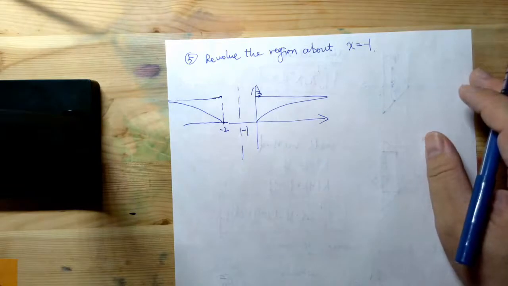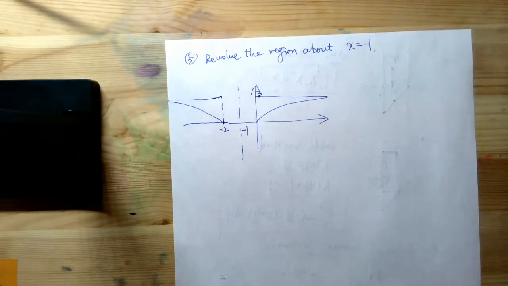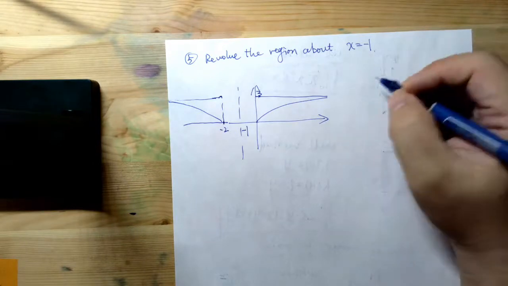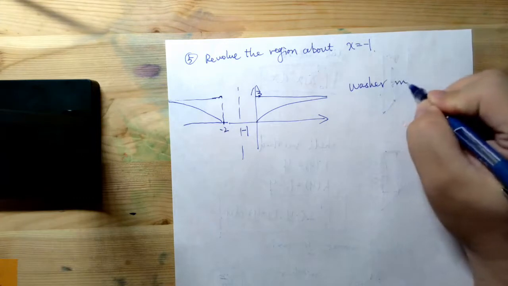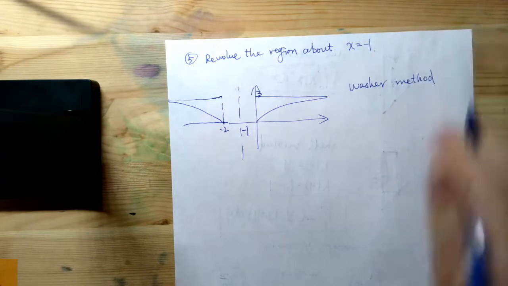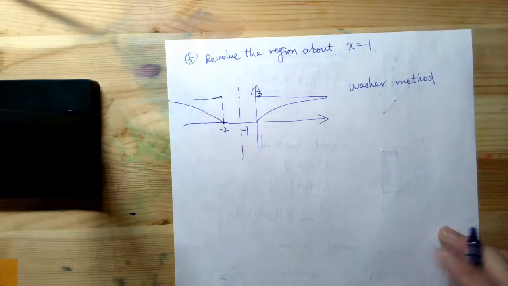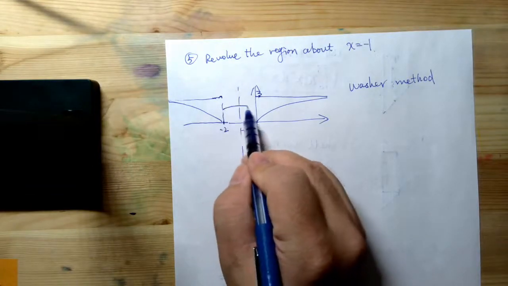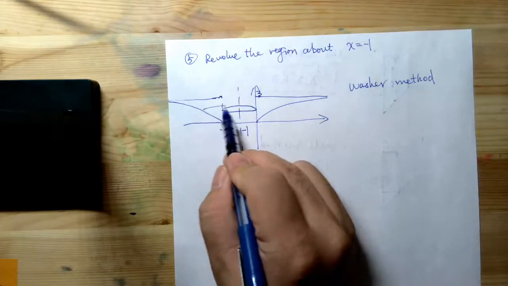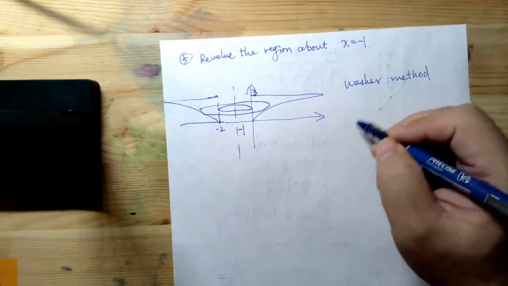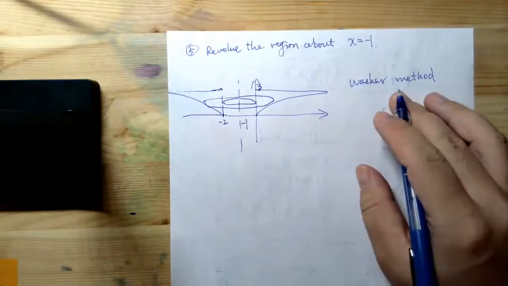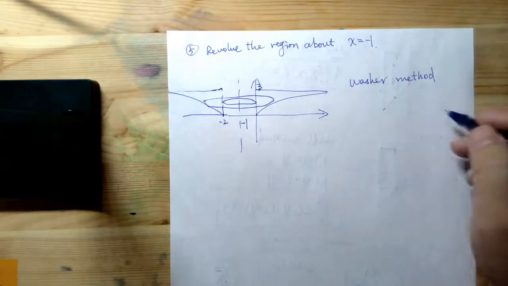Okay, so all right. So if we try to use the washer method, and you can see that if we draw a cross section, it's going to be something like this, right? So if we use the washer method, we're going to set up our interval in terms of y.